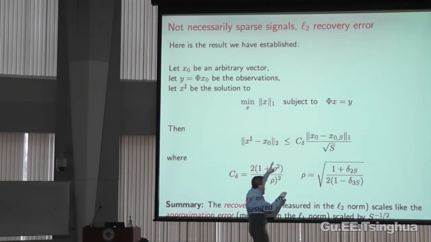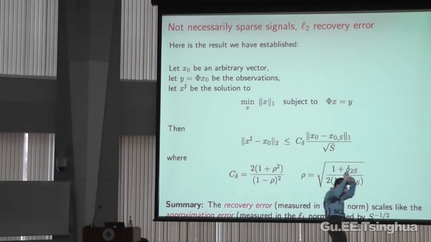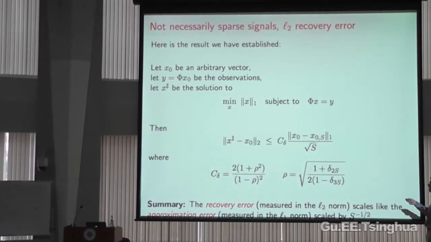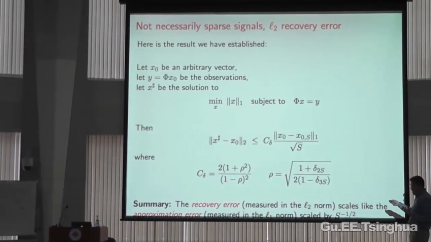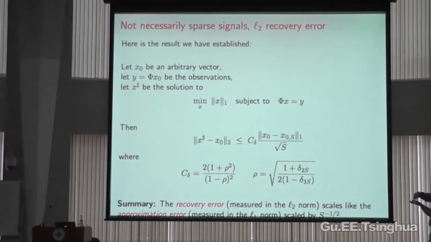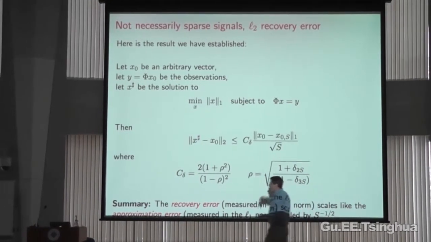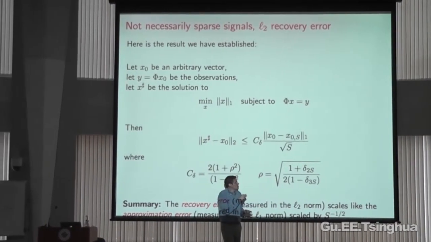I don't bound it in terms of the 2 norm of the best S-term approximation, which is maybe a little off-putting. I can bound it in terms of the 1 norm, but I actually get something back: a factor of square root of S. Of course, the L1 norm is bigger than the L2 norm, but I also get back this factor of square root of S.